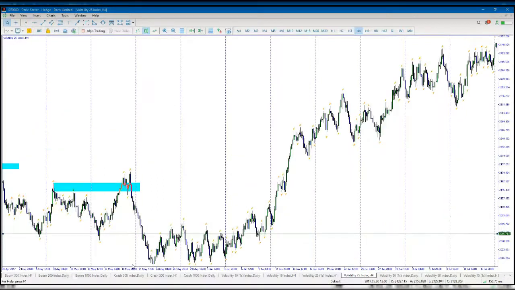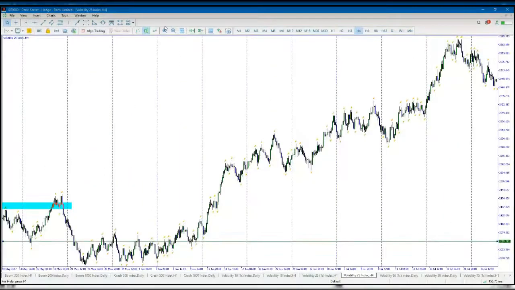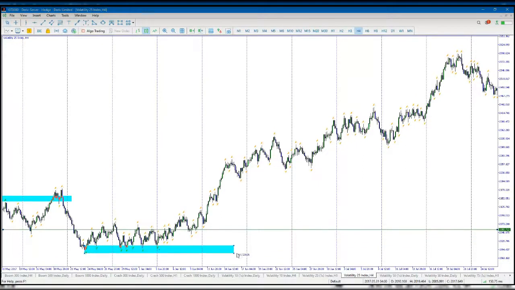So let's see what was played. So the low, high, low, high, low, high. Remember this higher time frame came back to retest this candle.